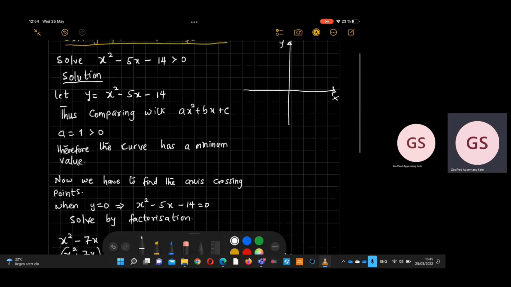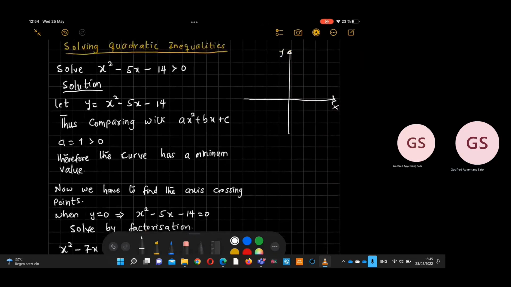So now we go to the graph, and then we can identify -2 here and 7 there. This is just a sketch, not drawn to scale. So it means the curve will pass through -2 and +7 on the x-axis.